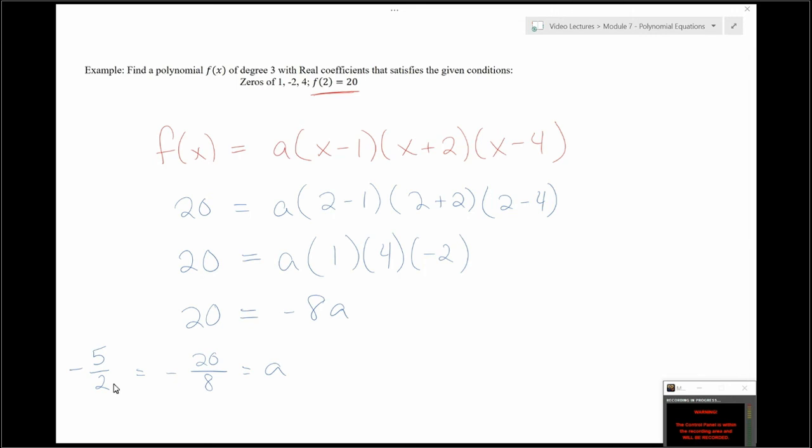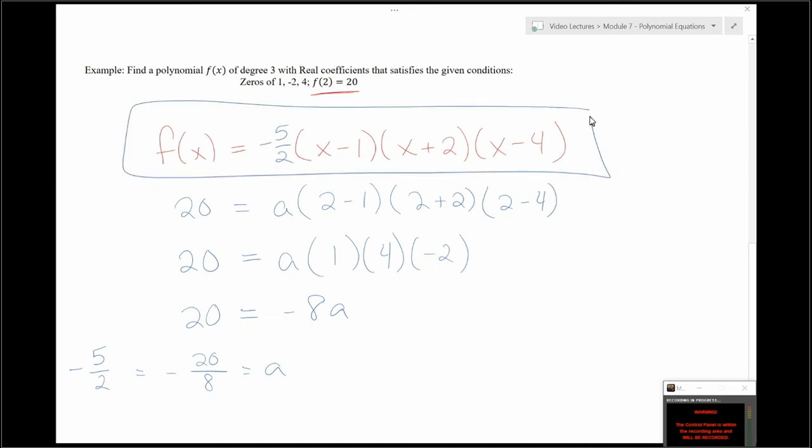So what that says is my original equation, my actual polynomial, is negative 5 over 2 times these zeros. So once we have the zeros and another point, it's very easy to solve and construct an equation. And that's everything that we're going to need for polynomials.